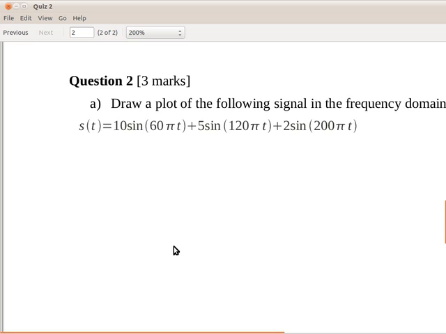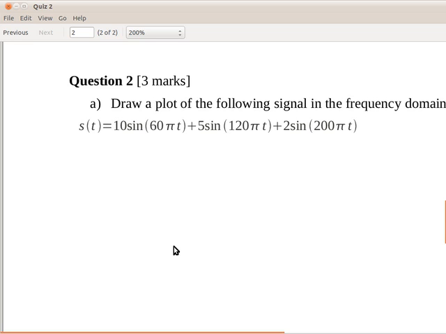If I asked you to draw a plot of this signal in the time domain, you would need to use your calculator, some plotting graph or a computer to plot it. It's not so easy. But in the frequency domain, you need to identify the frequencies of each of the 3 components. We have 1, 2, 3 sinusoid components.